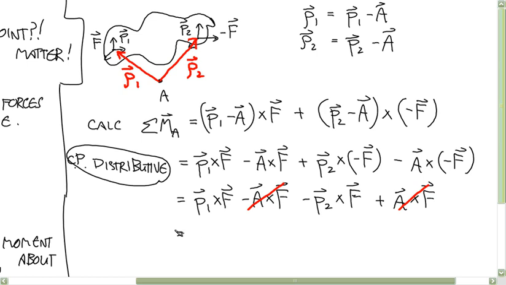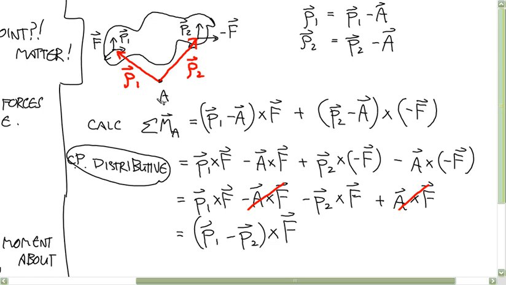And we're left with P1. I'm using the distributive property again to recombine these. P1 minus P2 crossed with F is the total moment about that point A produced by that couple.